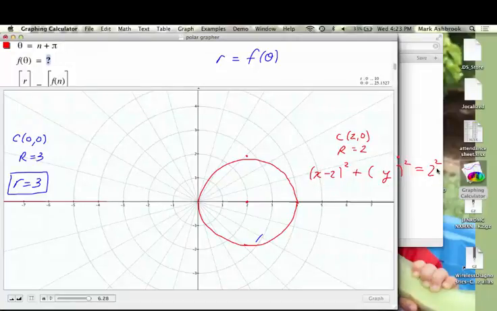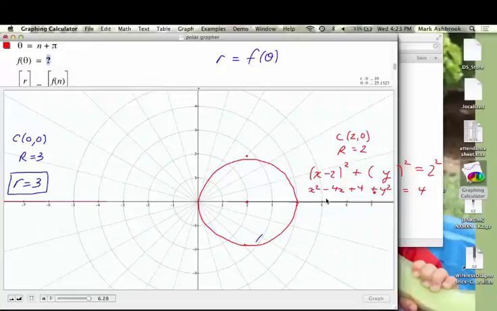And so now, all we have to do is convert this into r equals a function of theta. We could start by multiplying things out. So we got x squared minus 4x plus 4 plus y squared equals 4.